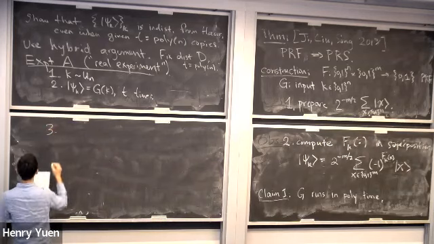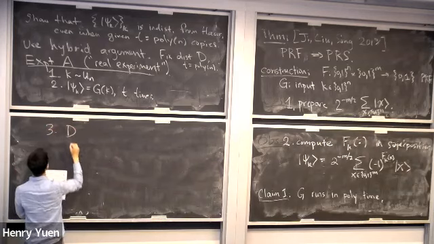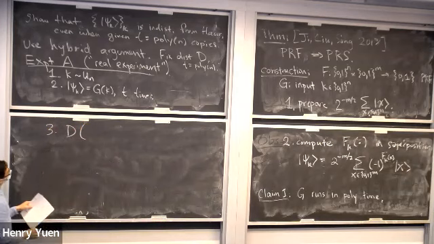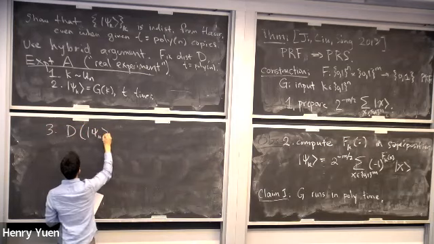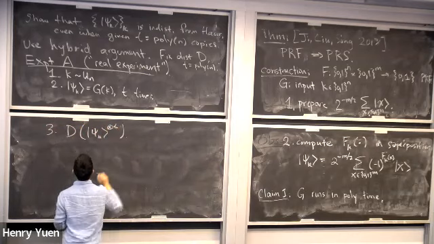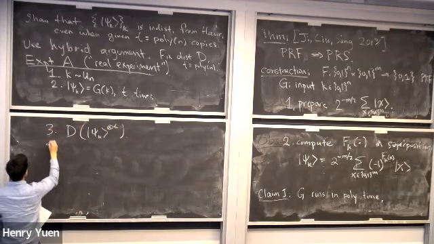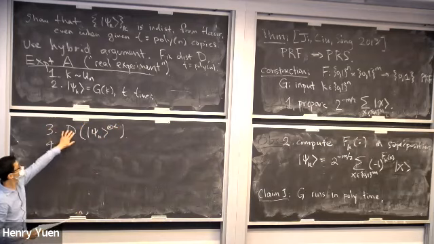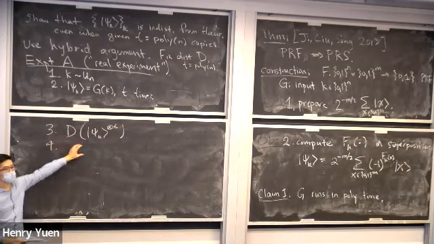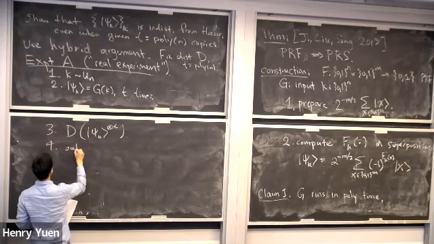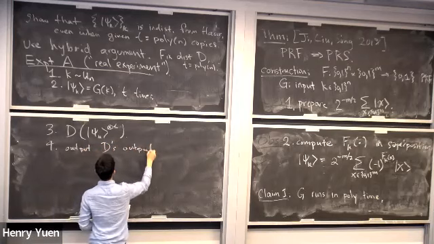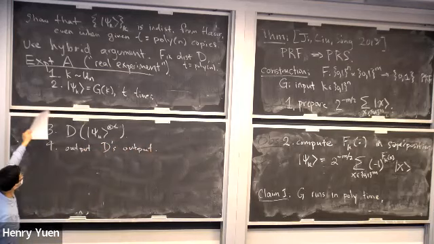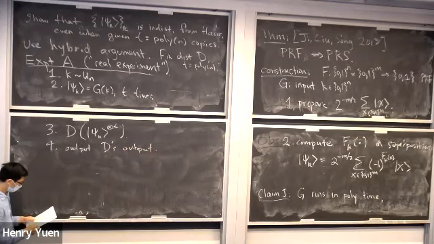The third step is we're going to take our distinguisher, which is some quantum algorithm, and plug in our T copies. And then the fourth step is, whatever this distinguisher outputs, a 0 or a 1, we just return this output. So this experiment also has an output. It outputs a 0 or a 1. All right, so that's experiment A.